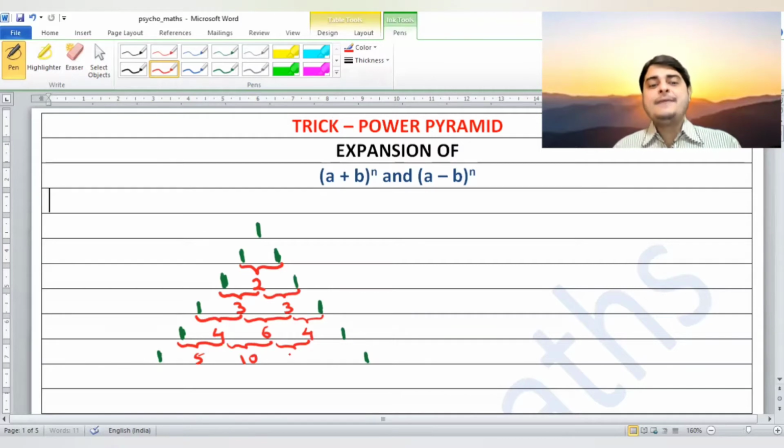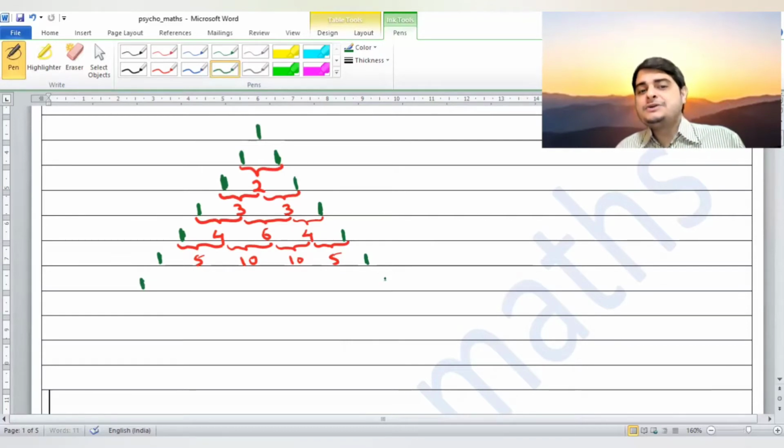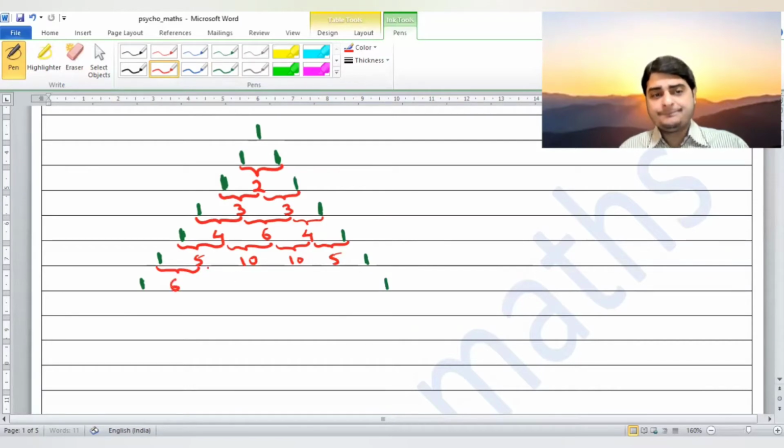But students, make sure there is something additional: how to write a and b with their respective powers. So I will keep on expanding as much as possible. You can do as per your requirement, but students, make it a point, when you go to the higher standards, these coefficients can also be found using the chapter called combinations.